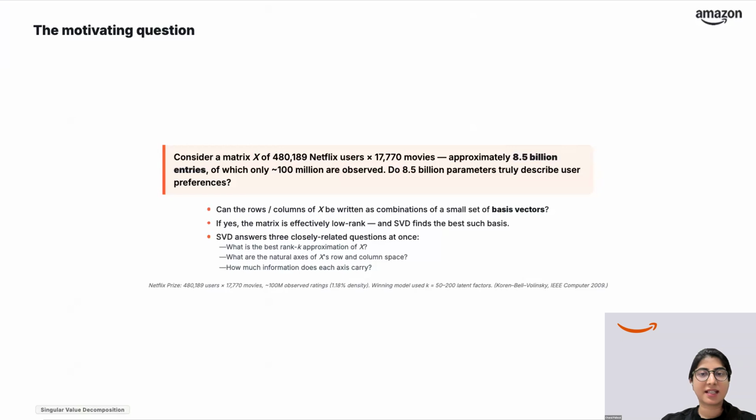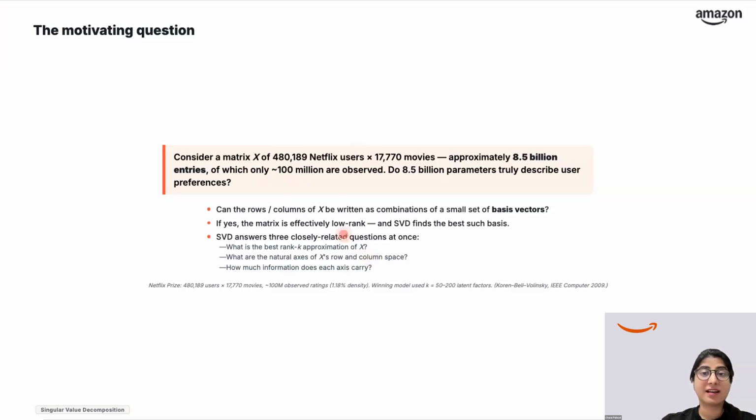This data set contains roughly 500,000 users and around 18,000 movies, and only a subset of the entries are observed. So the question is, do we need all the entries in this matrix? There can be clusters of users and movies to estimate the missing entries in the matrix.